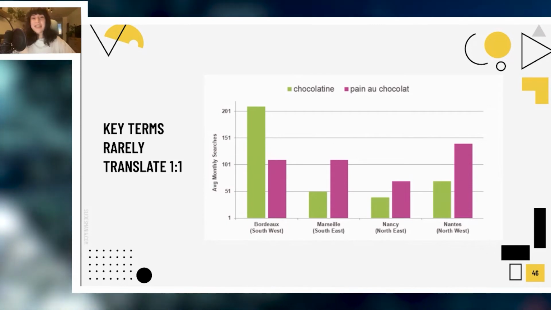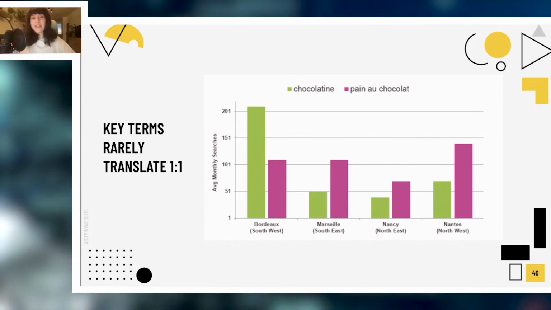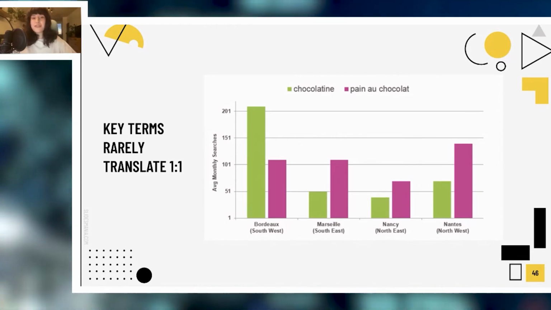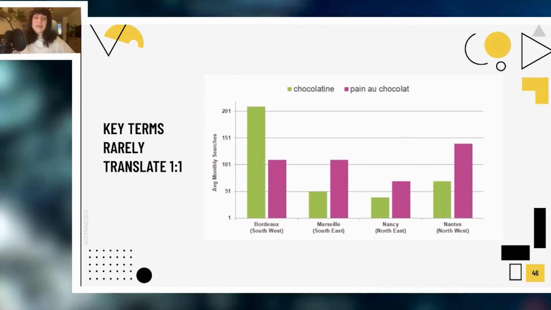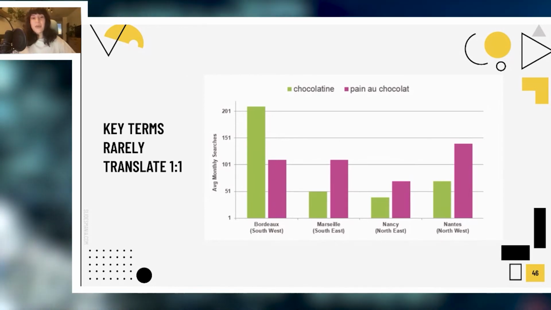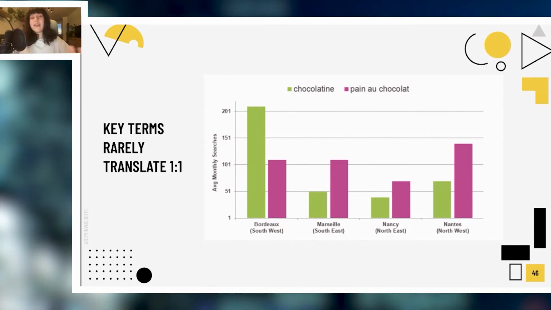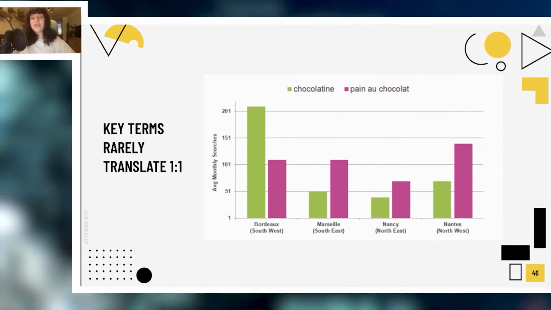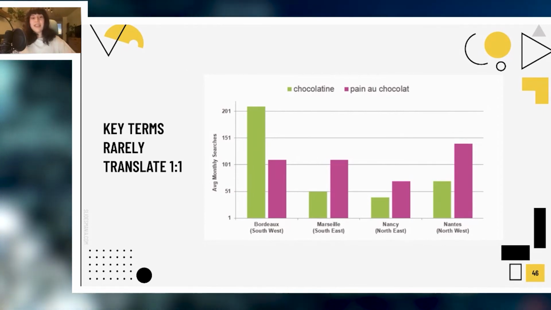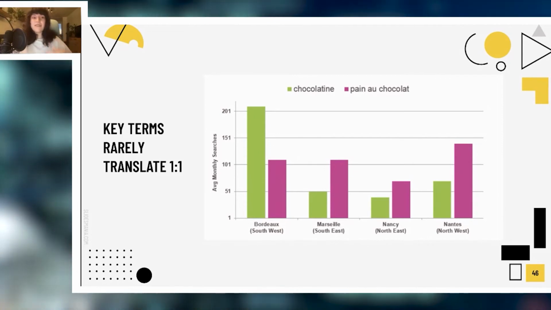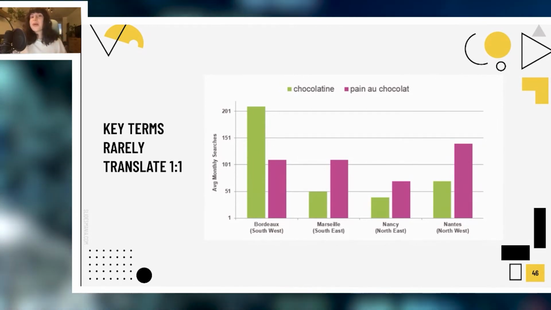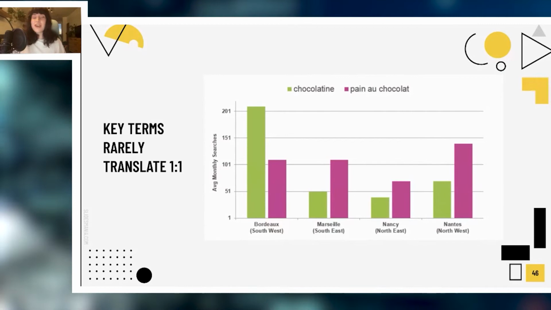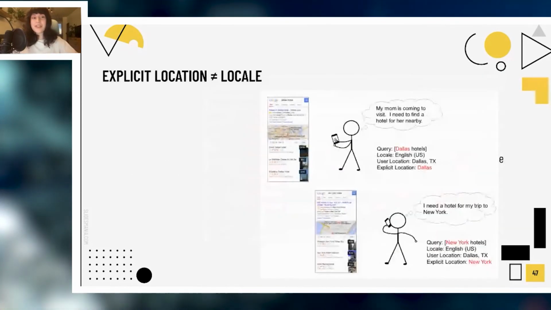If we take an example of how the French search for the word chocolate, first of all, there are two different spellings of this term, which vary in their popularity in different regions. That level of nuance in understanding search patterns is not something you can achieve by simply translating keywords.